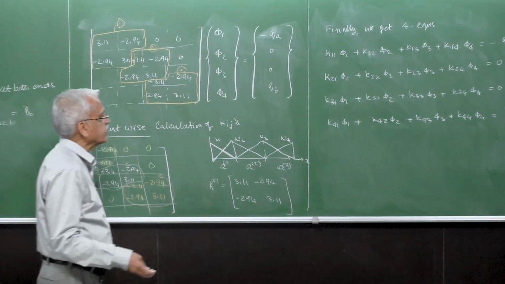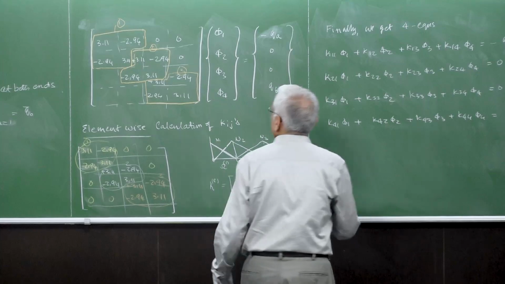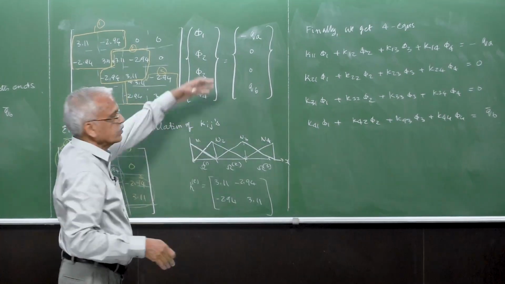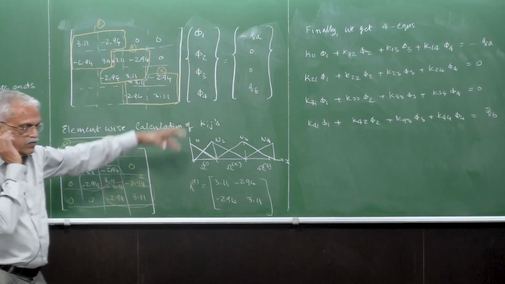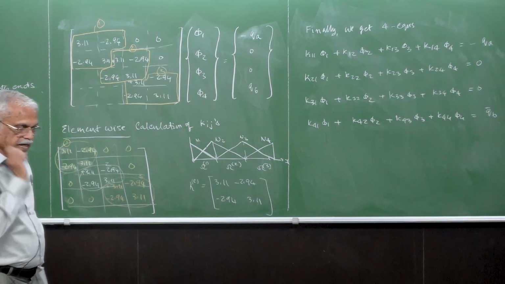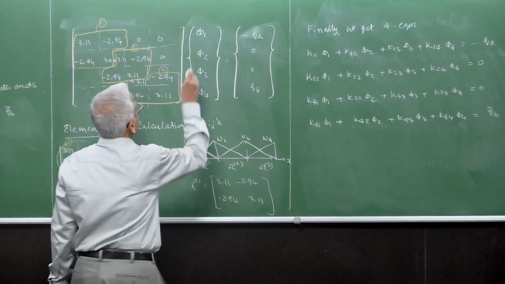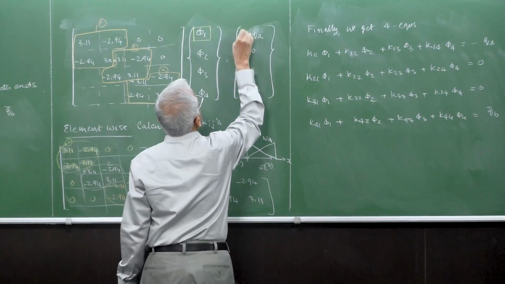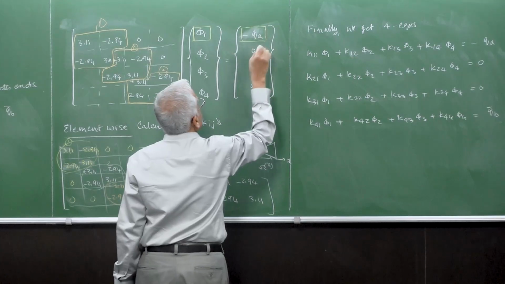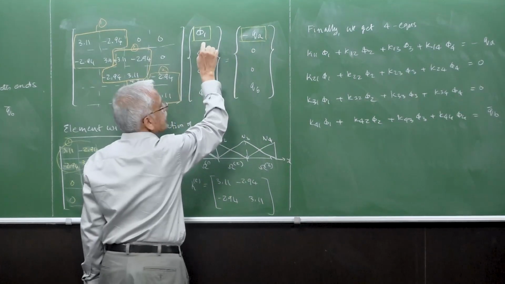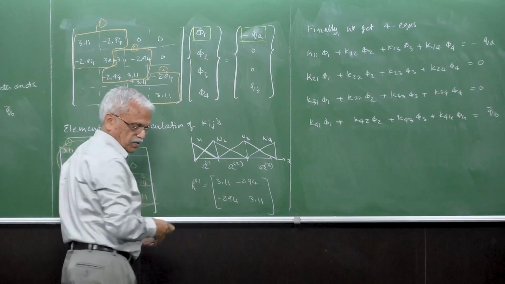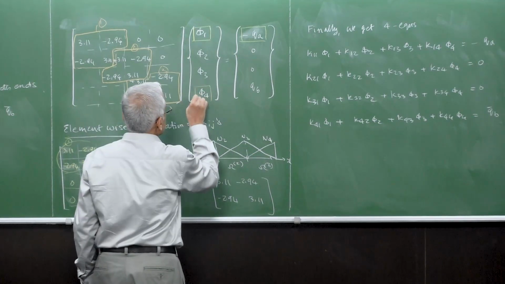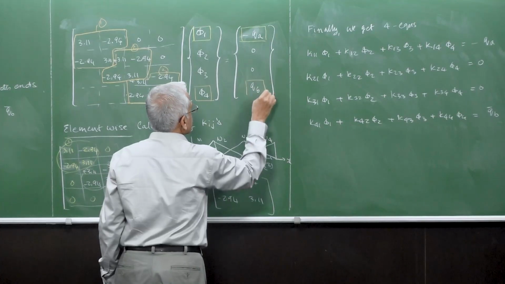Once you have this, you go back to this one and then substitute. In the boundary conditions, it's very important to realize that either the function value is prescribed or the derivative is prescribed, not both. So similarly here, this is prescribed or this is prescribed.